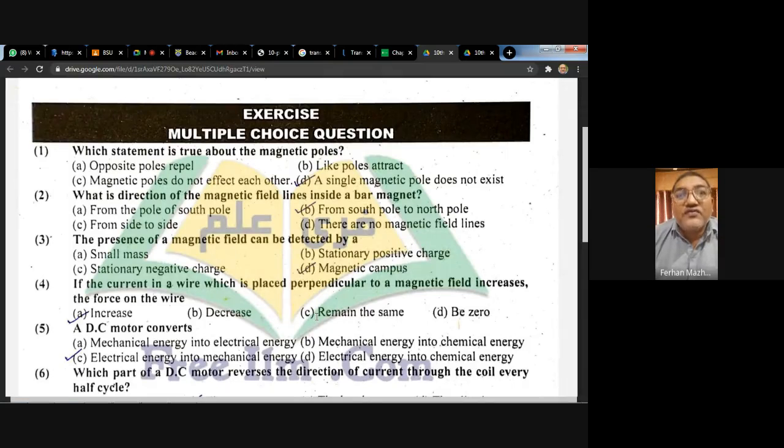From South Pole to North Pole? That's the right answer. From side to side, there are no magnetic field lines. So B is the right answer, ma'am. Do you understand this? Yes, sir. Okay.